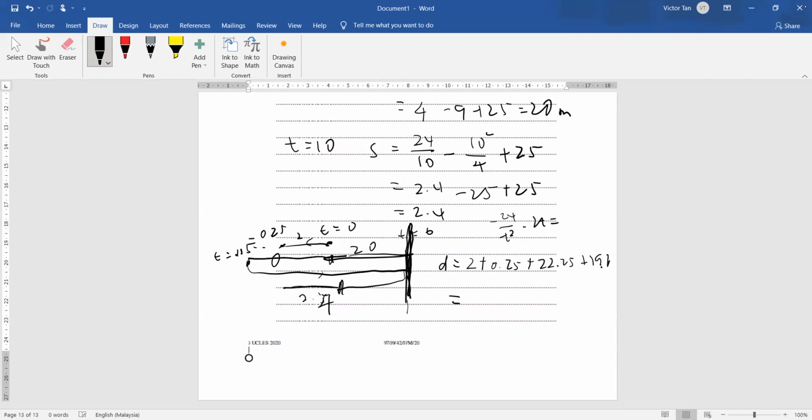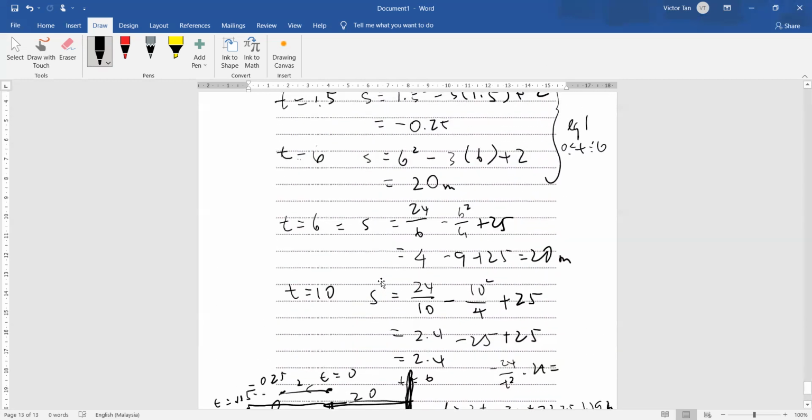Okay. So 22.5, 23.1, 42.1, 44.1 meters. Good. Very tricky question. So that's it for now.